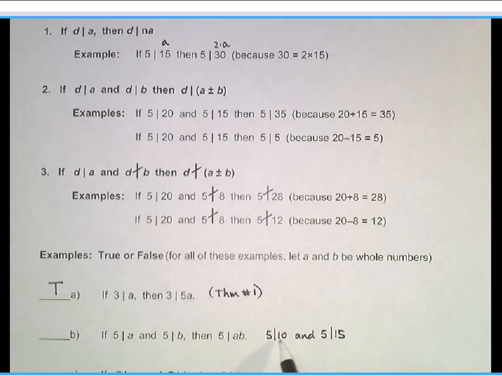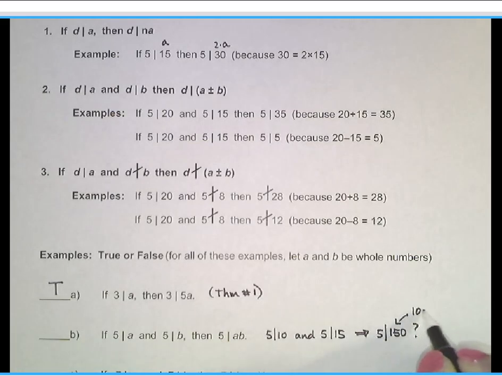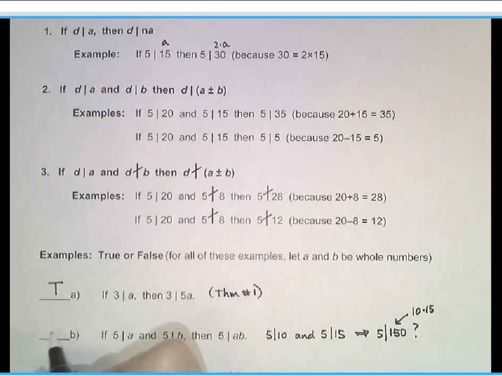We know 5 divides 10. We know 5 divides 15. Does that mean that 5 will divide 10 times 15? 10 times 15 is 150. Does 5 divide 150? Absolutely it does.